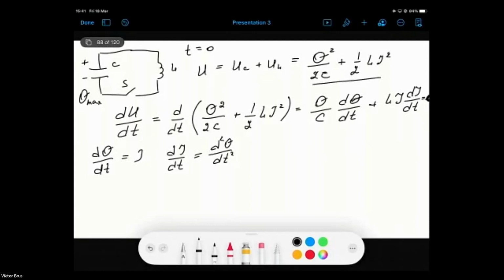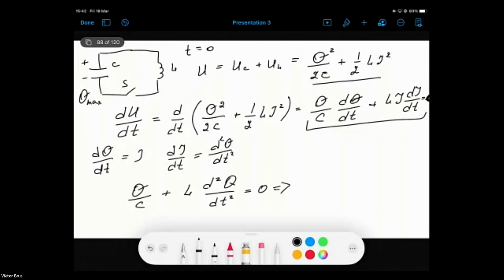So taking this into account, this expression will be equal to Q divided by C plus L times d squared Q over dt squared. And this is equal to 0.